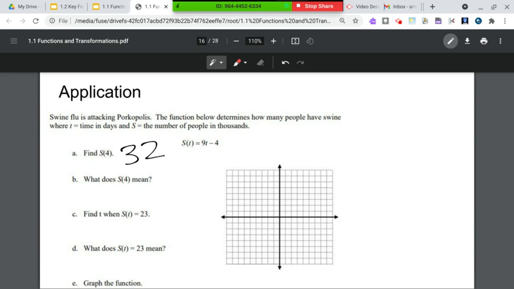S of t equals 23. This time you're plugging 23 in for S of t. What's your t value when you do that? 23. Okay, that's not your t value. See how it says S of t equals 23? That means you're going to plug 23 in here. What are you solving for?